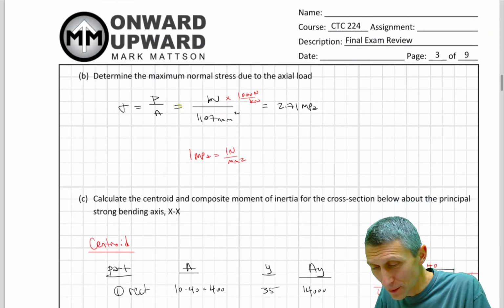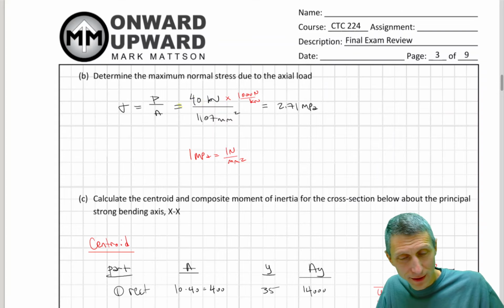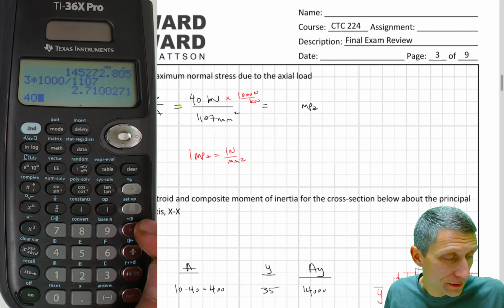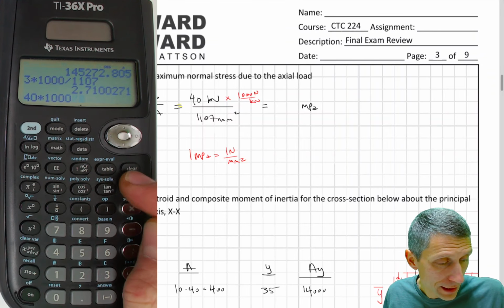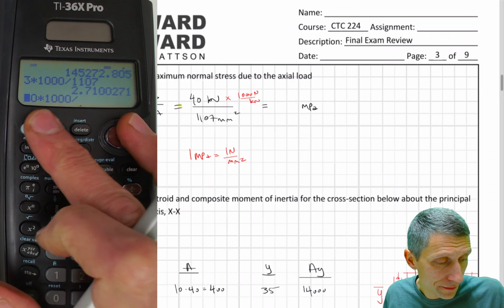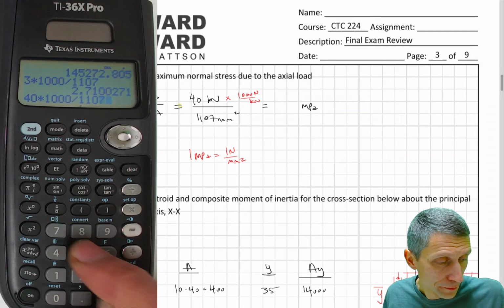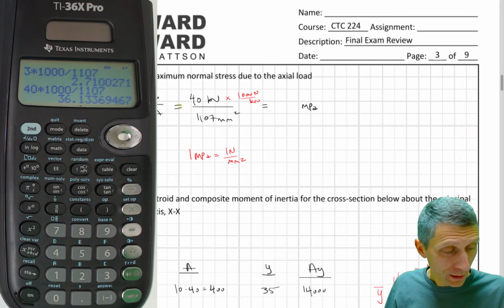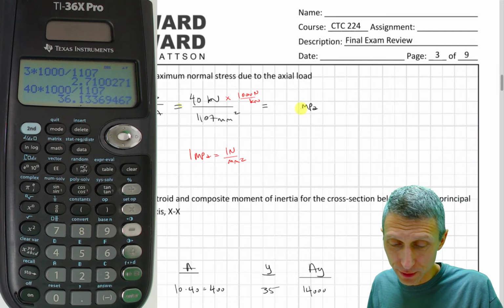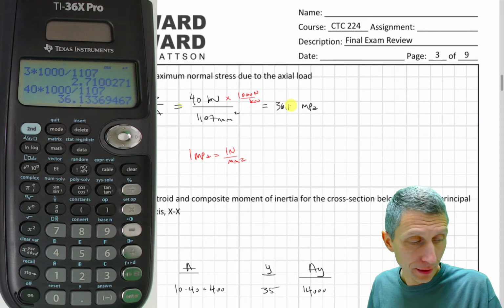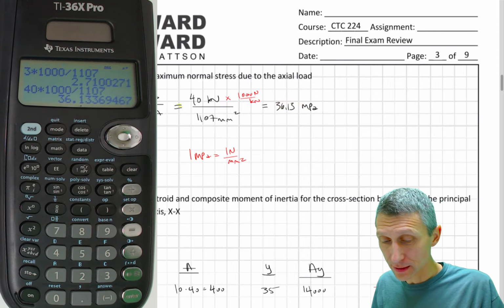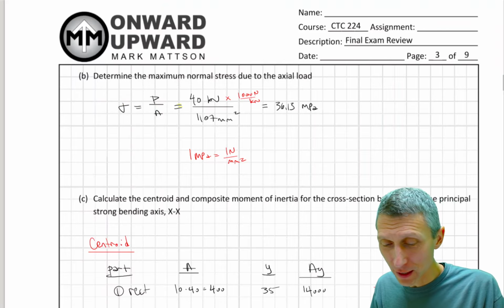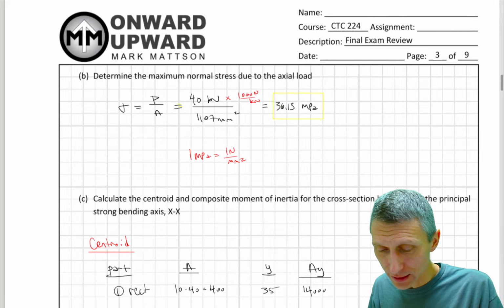So we've got 40 kilonewtons, and let's redo our numbers. 40 times 1,000 divided by 1107 equals 36.13. So this is going to be 36.13 megapascals. Does that sound a little bit better? I think so. So that's my axial stress.